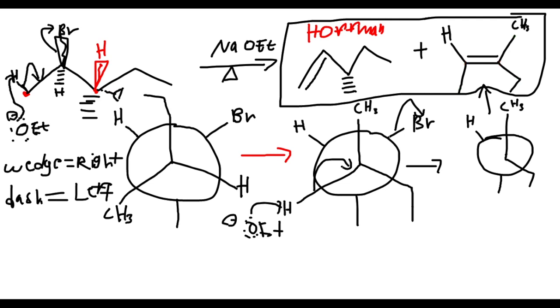So this is the Zaitsev, and we see the reagent is not bulky, and so that means the major is the Zaitsev, and the minor is the Hofmann, and there are two products for this.